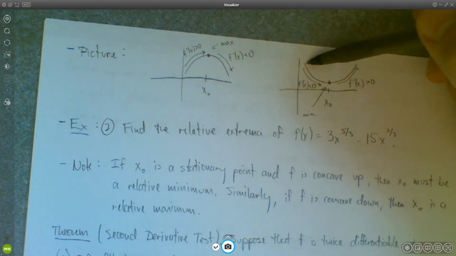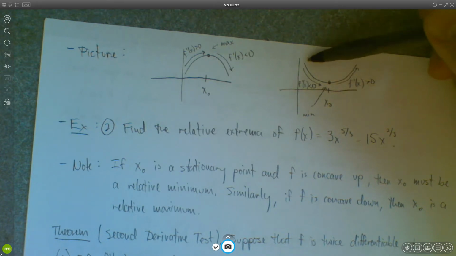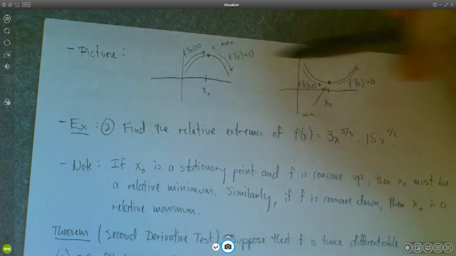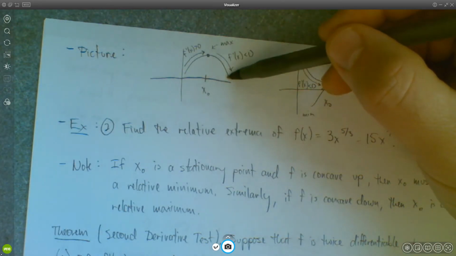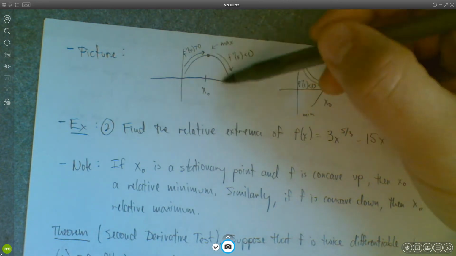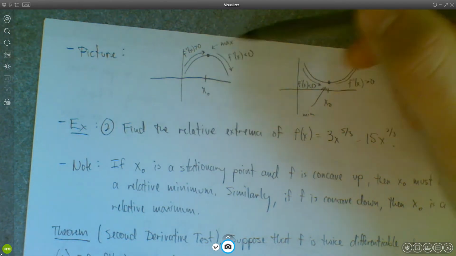If you've got something that's concave up, and you know that this is a stationary point, well, then clearly this point must be a minimum, okay? And here, if you've got something that's concave down, and you know that this is a critical point or a stationary point, then clearly this must be a maximum.